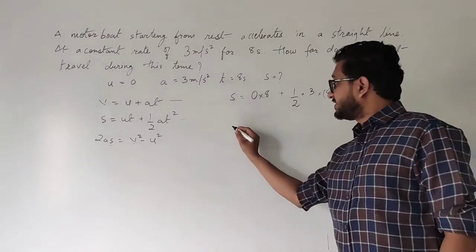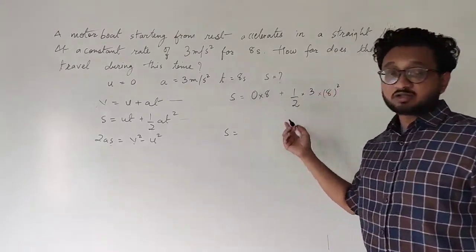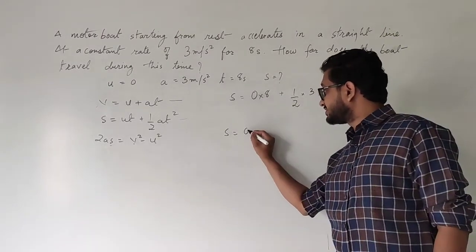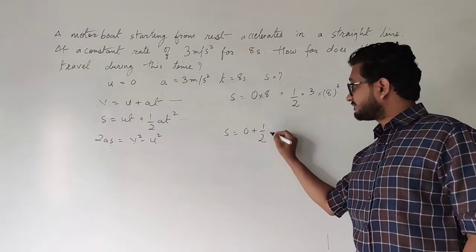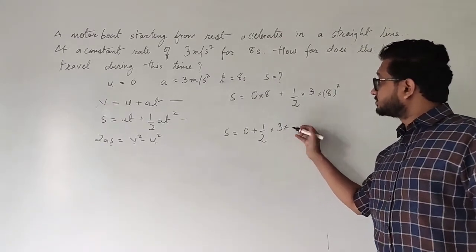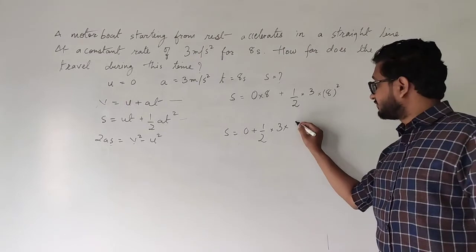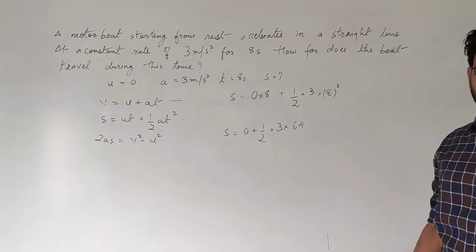Now we proceed. We know that anything multiplied with 0 is 0, so 0 into 8 is 0, plus half into 3 into 8 square is 64. 8 into 8 is 64.